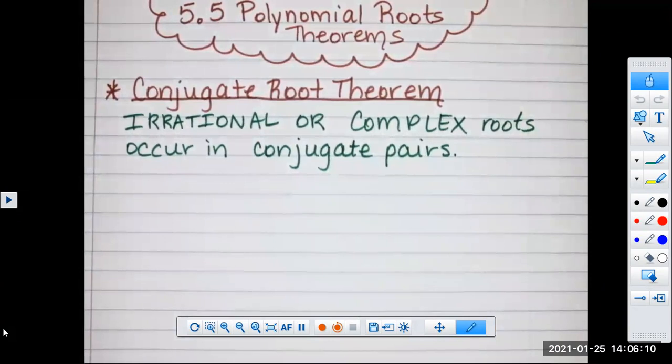Irrational or complex roots, they occur in conjugate pairs. Whole numbers and fractions do not.